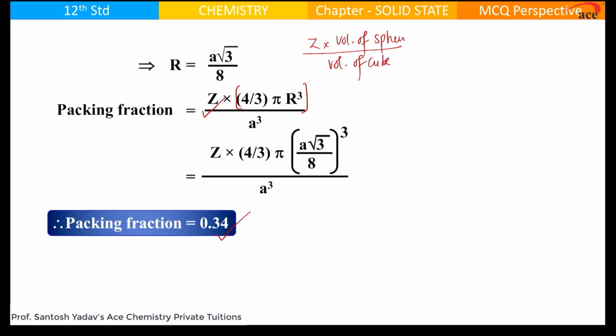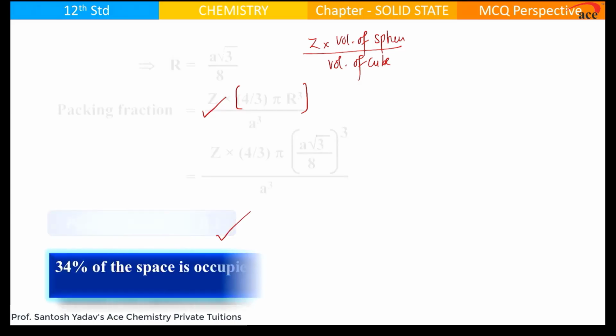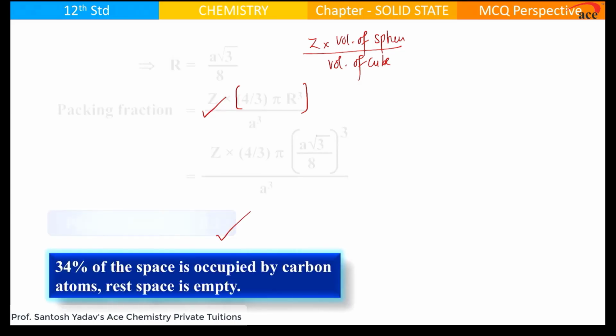So, you have to remember diamond has a packing fraction of 0.34, that means 34% of the space is occupied and the remaining is empty. Conclusion about diamond: the rank is 8. There are 4 present at FCC and 4 are present in tetrahedral voids.